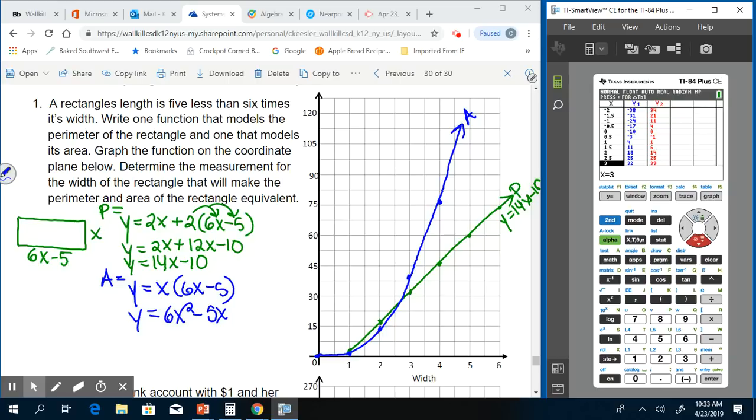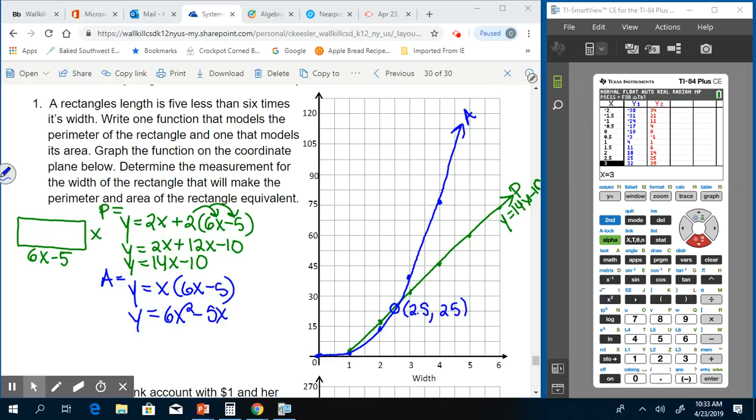So our graph's a little bit off. It should have intersected exactly right here at 2.5 and 25. So our solution is that whenever the width is 2.5, the perimeter and area would both be 25.